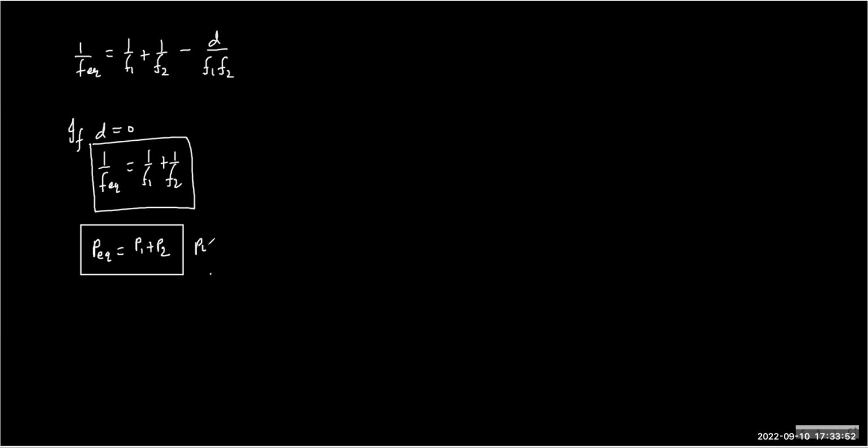This is called the power formula. I'll write separately where P represents power of thin lens in air, assuming it is in air.